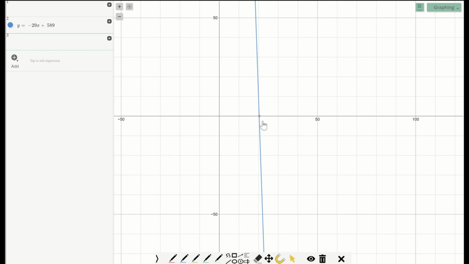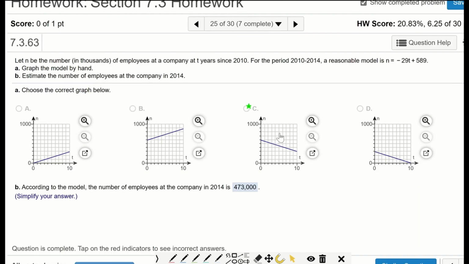Now, if you want to match this with the one on the test, you have to make sure you're using a similar kind of scale. So let's go back. Notice here the horizontal axis goes from 0 to 10. Vertically, it goes from 0 to 1,000, with 1, 2, 3, 4, 5, 6, 7, 8, 9, 10 tick marks, so each tick mark represents 100 units.